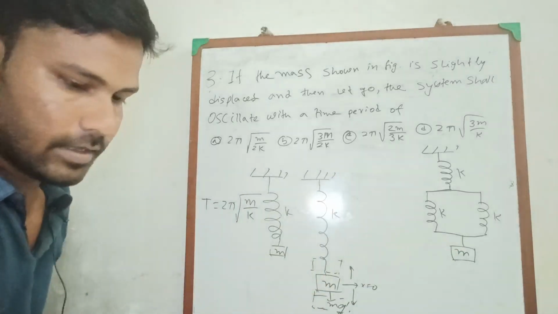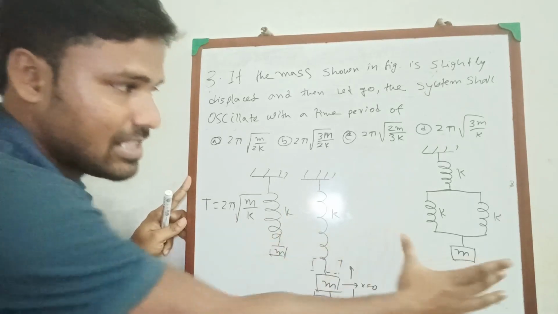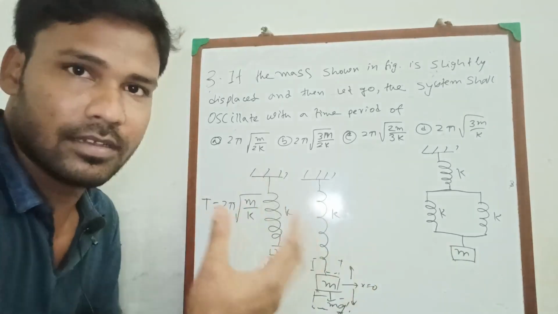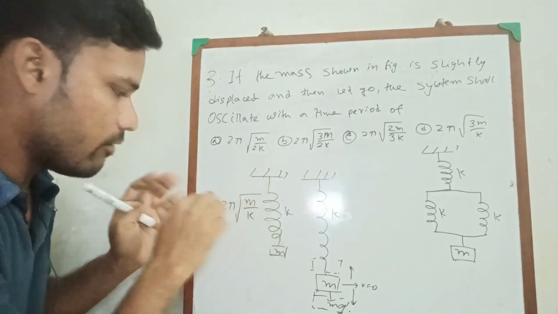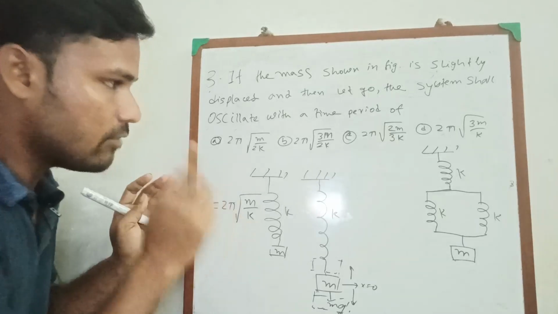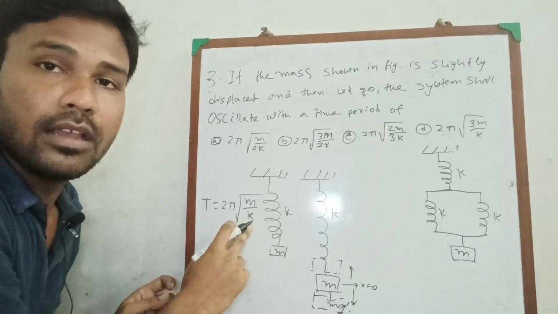This is easy for a single spring, but for this system, and many questions, there is a more complex system. For that you use the same formula, but you have to calculate k for a single spring.